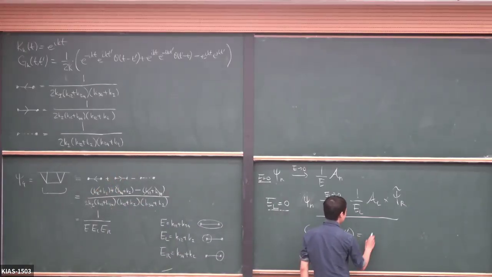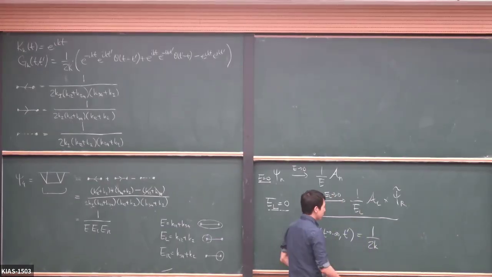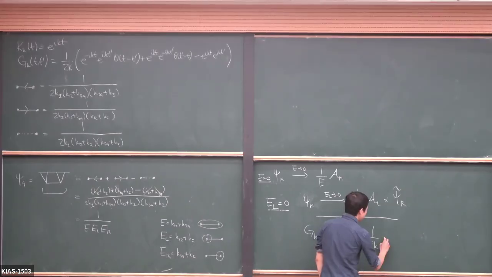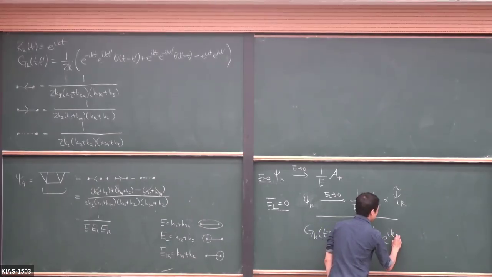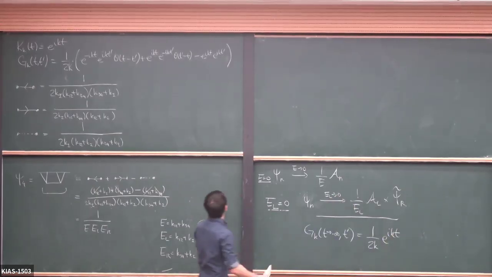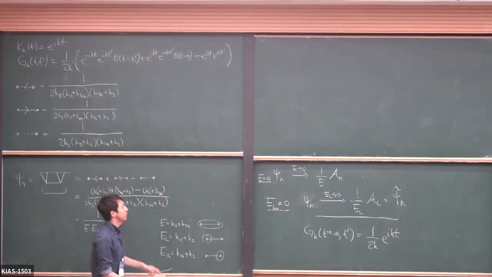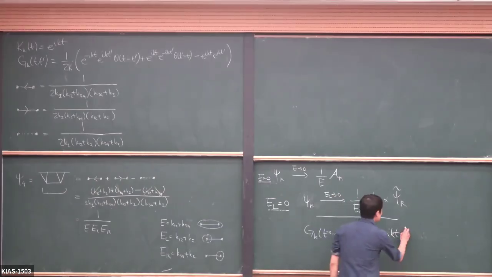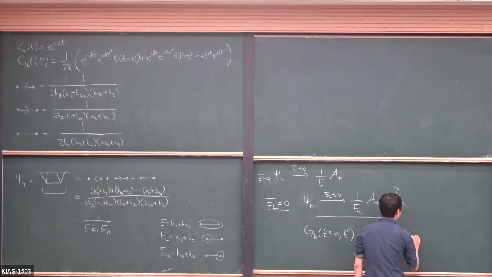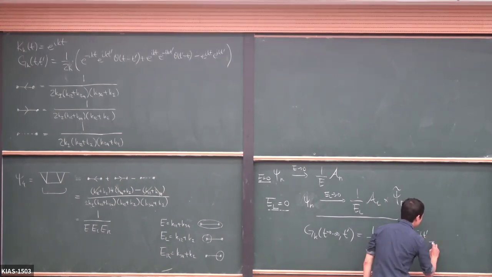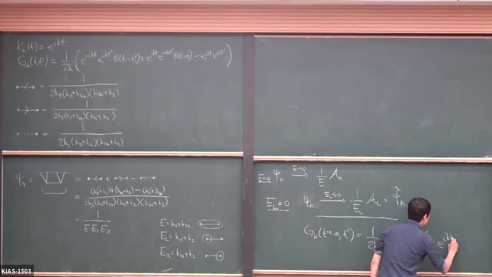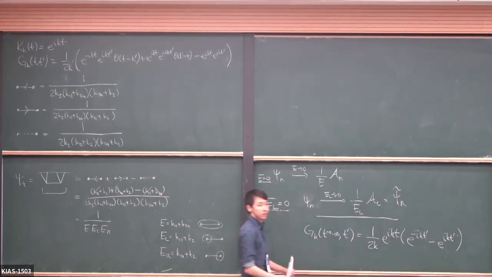So what happens is that you get this behavior. You get 1 over twice k times e to the I k t. So the second term and the third term have a common factor of e to the I k t multiplied by the difference between e to the minus I k t prime and e to the I k t prime.